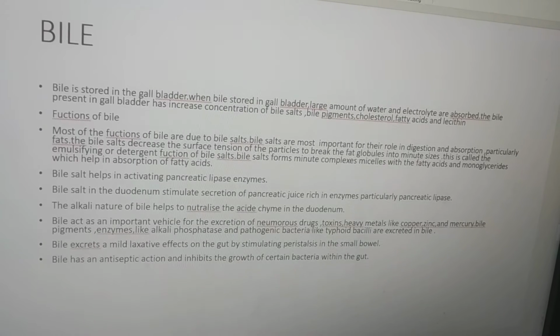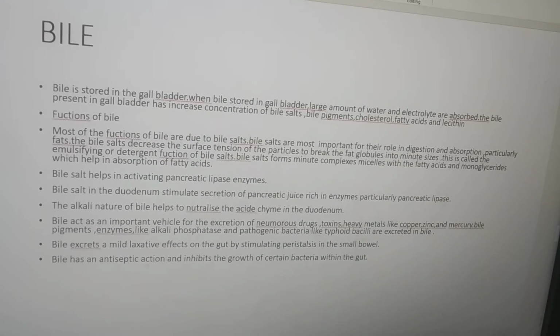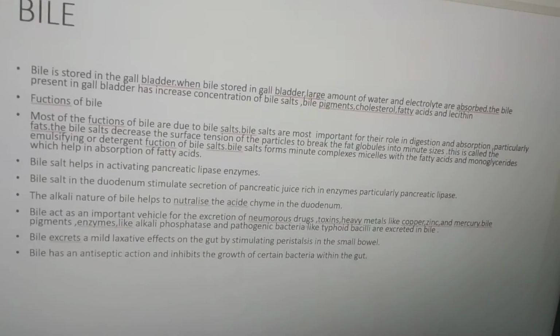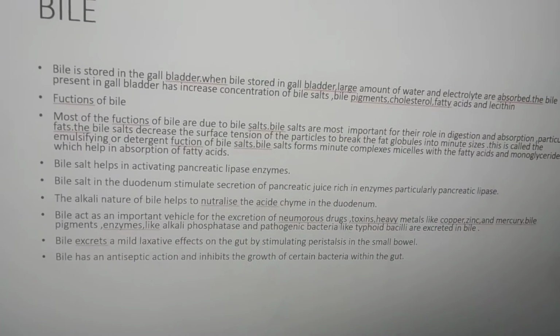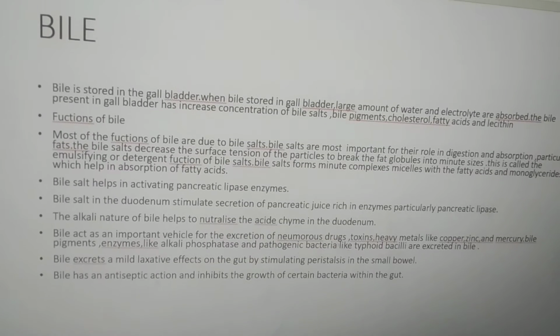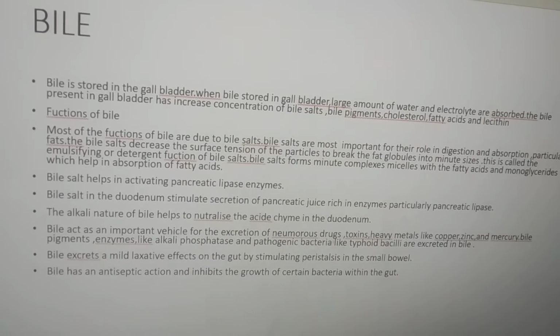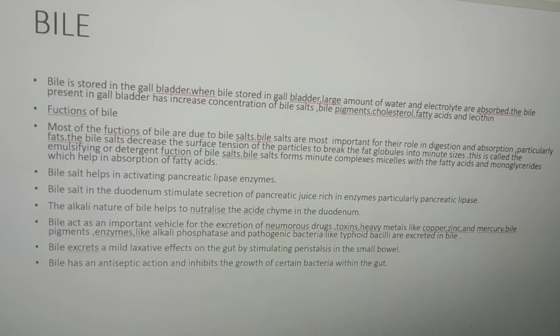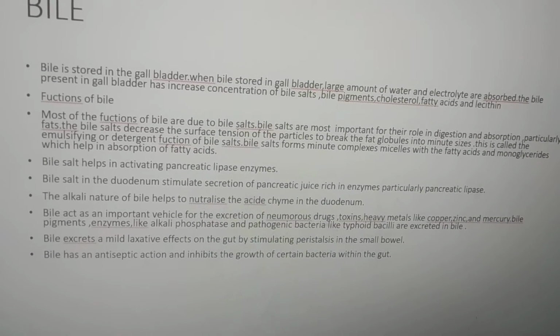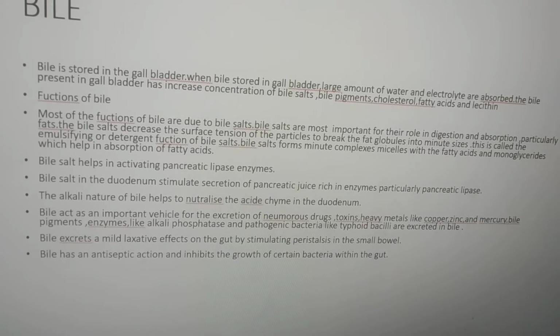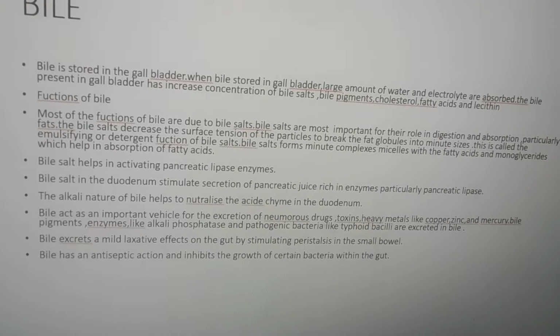We have already seen the structure of the liver. Bile is stored in the gallbladder. The bile present in gallbladder has increased concentration of bile salts, bile pigment, cholesterol, fatty acid and lecithin.